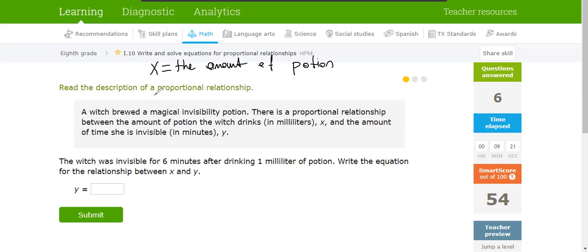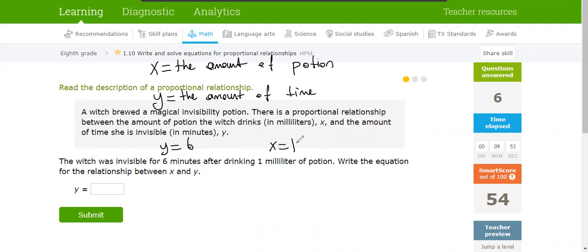And y is the amount of time she is invisible. Okay, so now the witch was invisible for 6 minutes. So it is the time. 6 minutes is the time. So that is why after drinking 1 milliliter of potion, it is the amount of potion. So x is going to be 1.